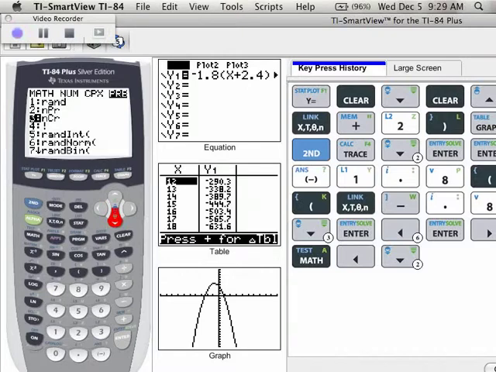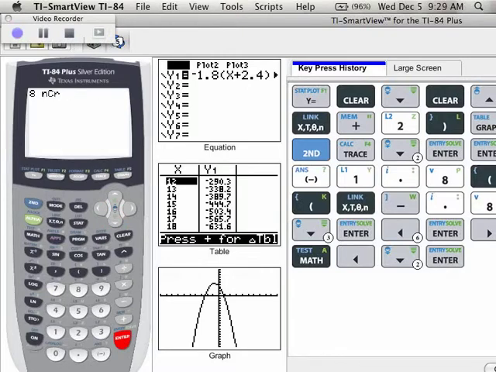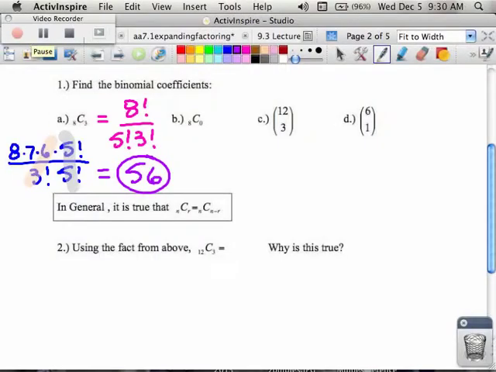I will arrow down to the nCr, and then I will hit a 3, enter, done. Moving on, from now on, I'm actually only going to type this stuff into my calculator.